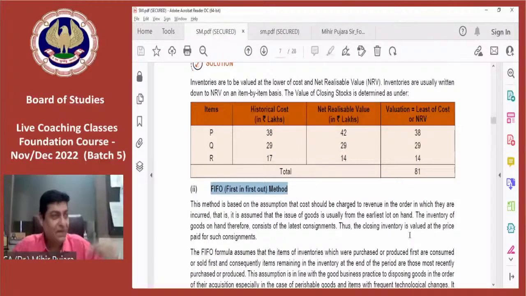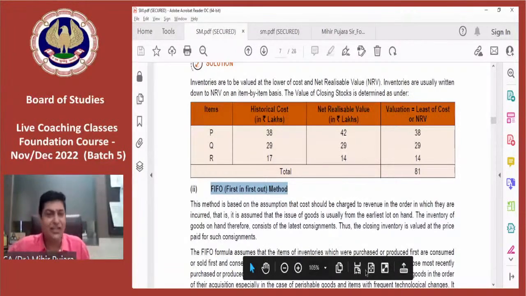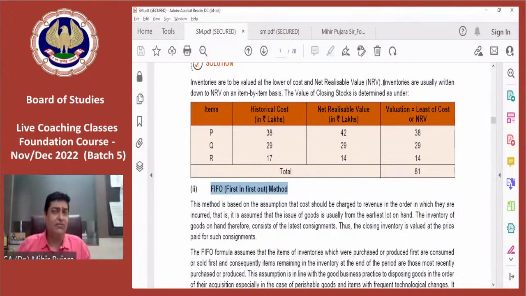The order, the dates, the sequence in which inventory is received or purchased, in the same logic, in the same sequence, we will issue the inventory. The most logical method is the FIFO method. The sequence in which stock is received, the same sequence it will be issued.